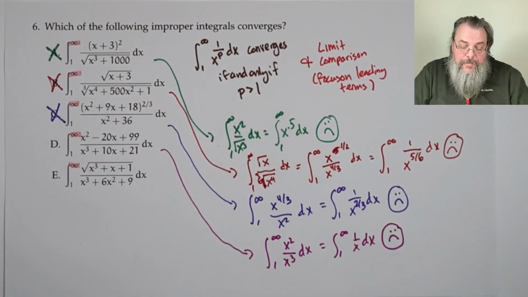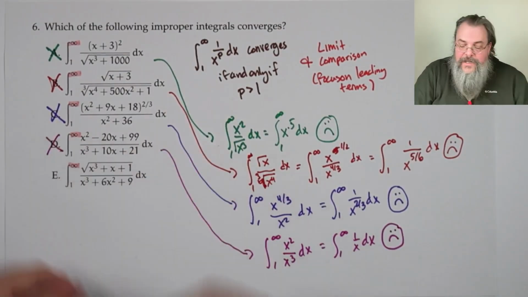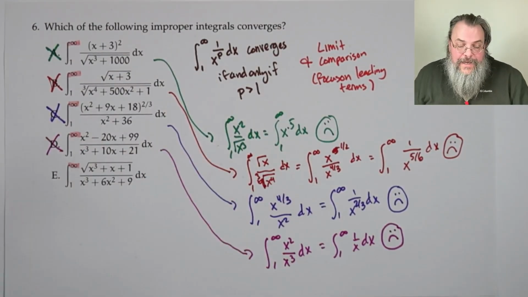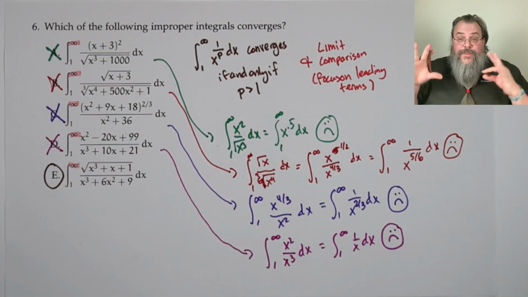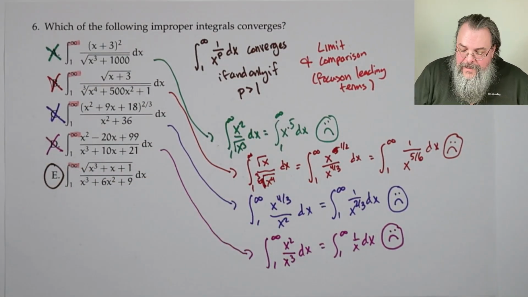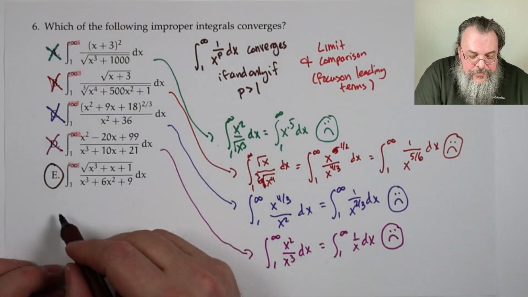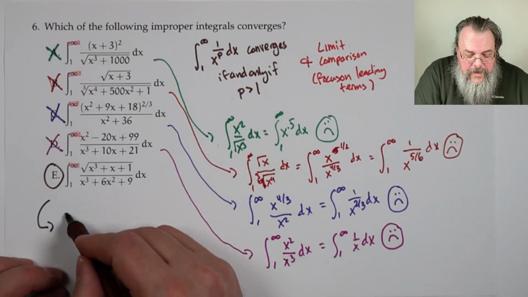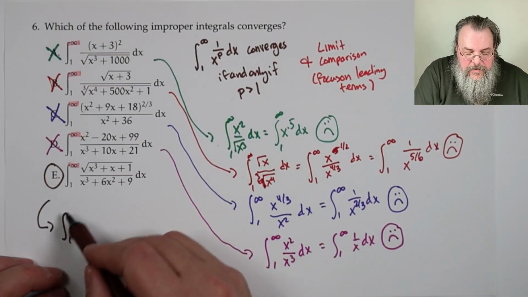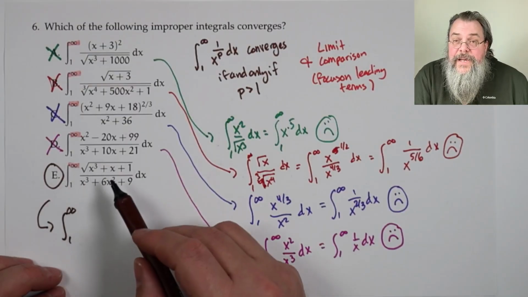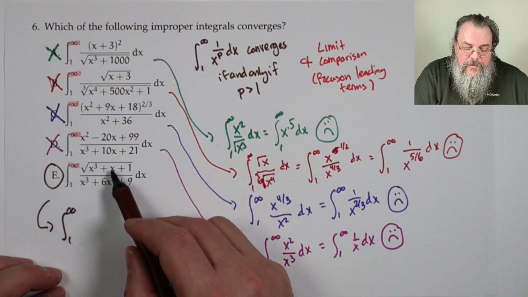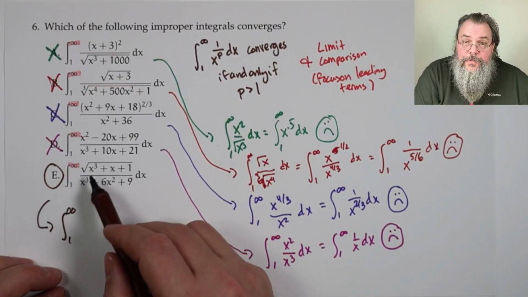Now that means by process of elimination, our answer must be E. But I'm not just happy to do process of elimination. Let's also see that the theory actually is coming in. Well, what do we have? We're going to have the integral, and we say, okay, look at your powers. What dominates? X cubed versus x versus 1, the x cubed.